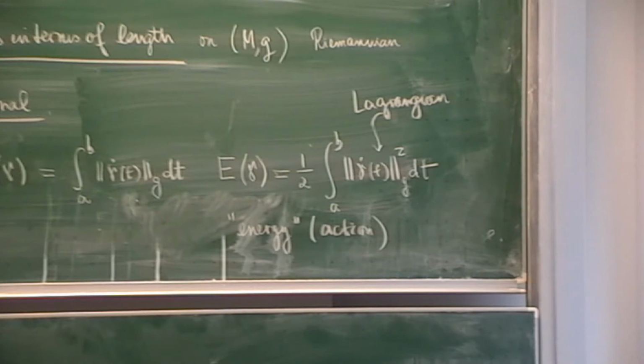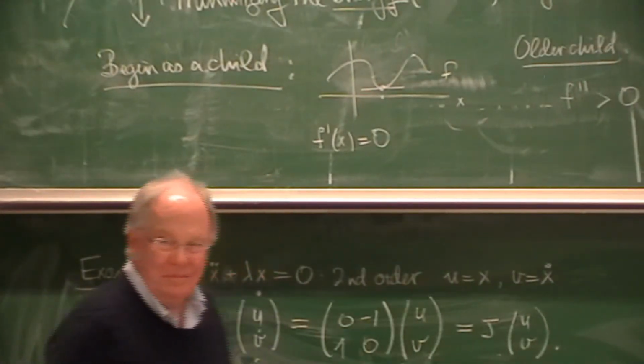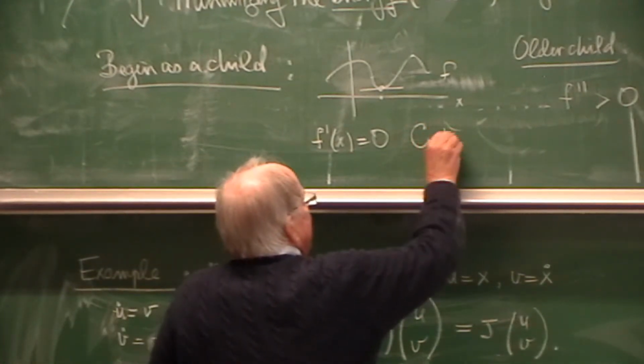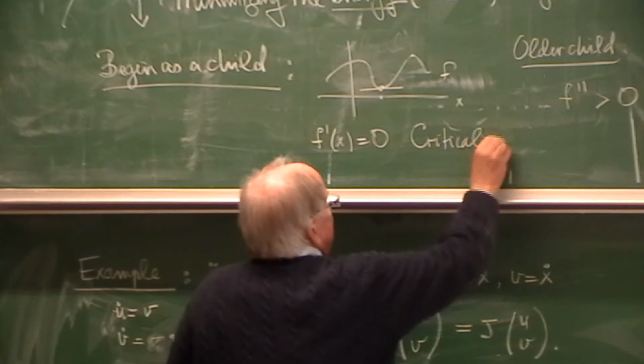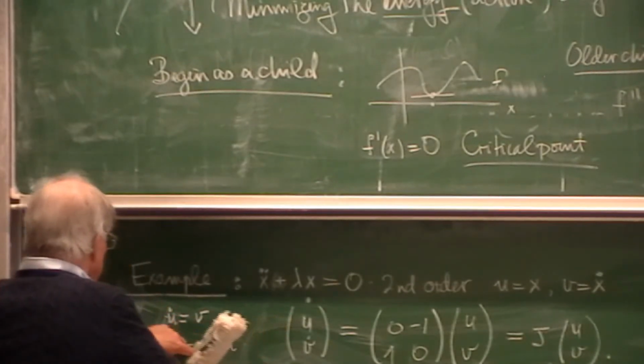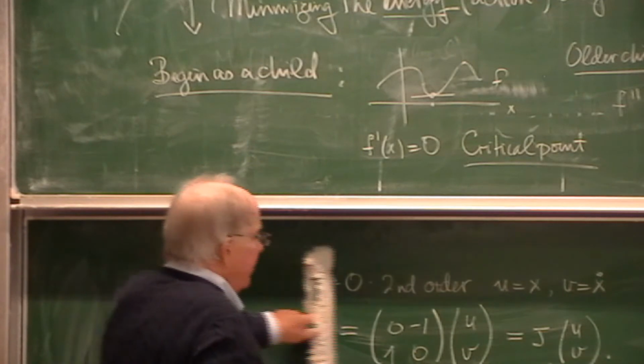So we need to find critical points of the energy function. Critical points mean that this thing is 0. I have to talk here, but I will just say what I'm going to talk about this afternoon.